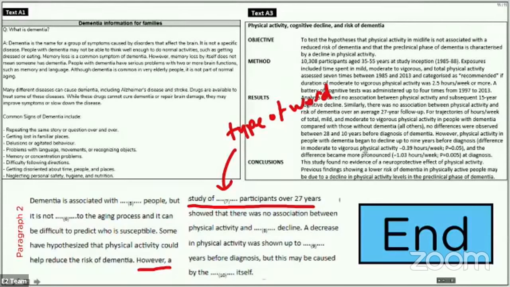A study of something participants. We know it's going to be plural or it's going to indicate plurality. I don't know about you, but I'd be looking for a number to fill this gap, for example. So that can help you. If you look at the gap and you look at the surrounding words, you can begin to determine what type of word you will need to fill that gap correctly.